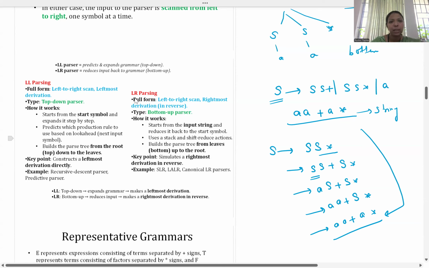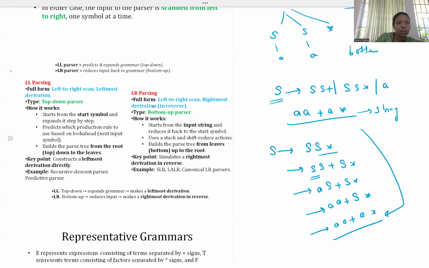In LR parsing, L is left to right scanning, same as the first L in LL. What does R mean? Rightmost derivation in reverse. This LL parser is a top-down parser, and this LR parser is a bottom-up parser.